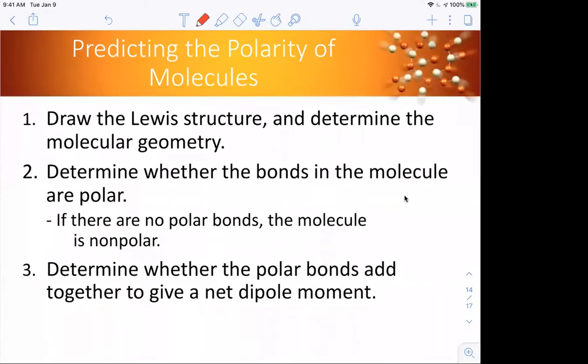You have to look at electronegativity and figure out whether the bonds in the molecule are polar. If there are no polar bonds, the molecule is nonpolar. And then when there are polar bonds, you want to look and see if all the dipoles add together to give a net dipole moment. If everything cancels out, it's going to be nonpolar.